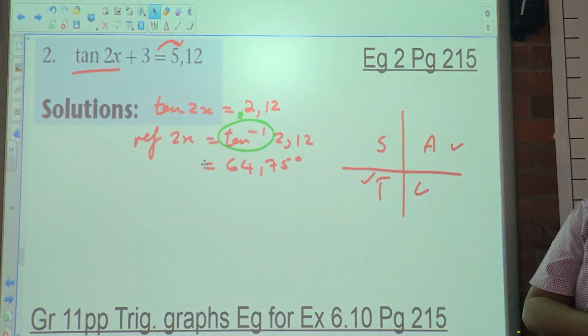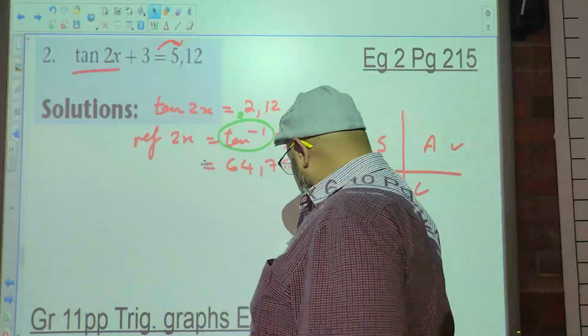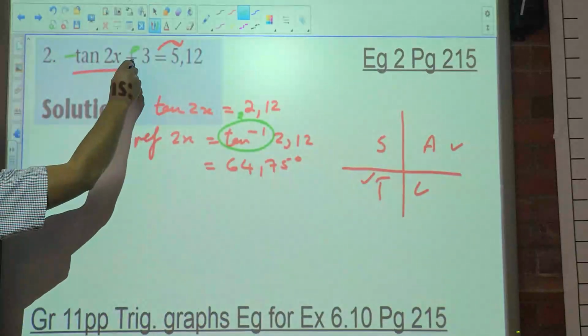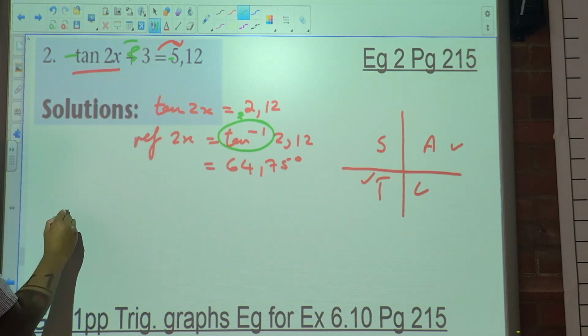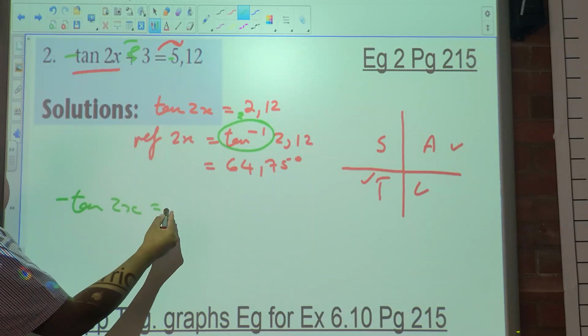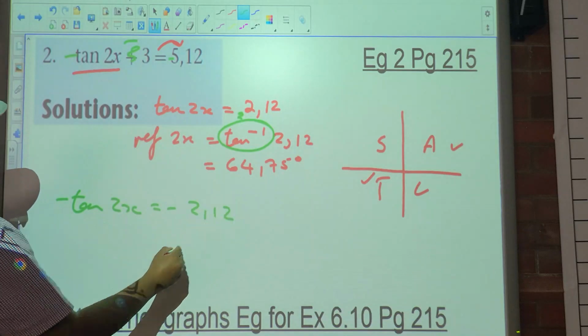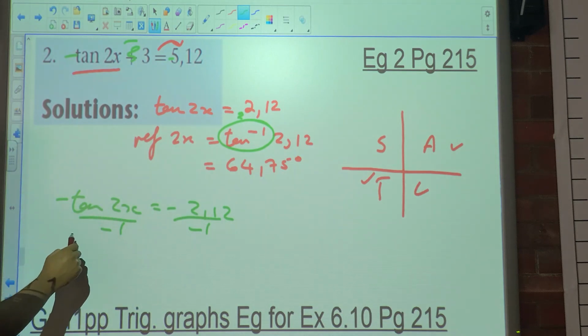Any other questions? So say for argument's sake, this was negative. And we took that now over the equal sign. It becomes tan of 2x, negative of that is equal to negative 2,12. Now I divide by negative 1. Remember, tan of 2x was tan on its own.